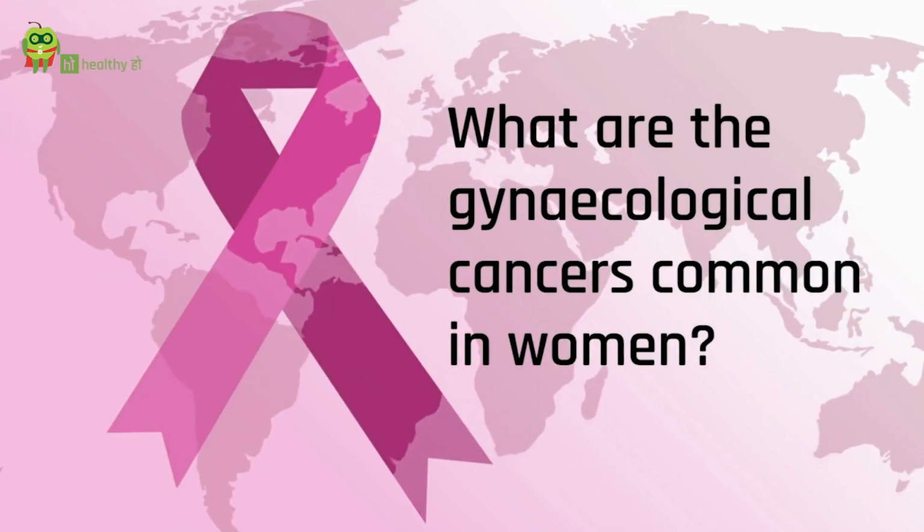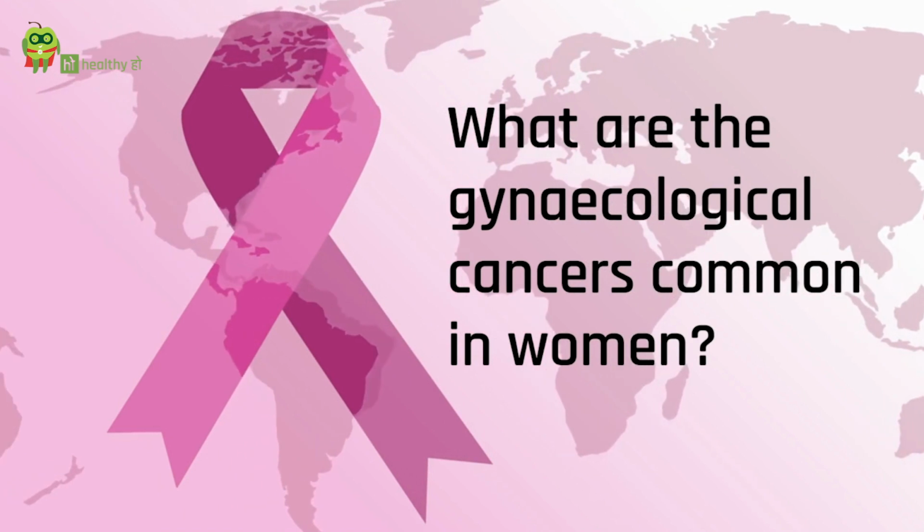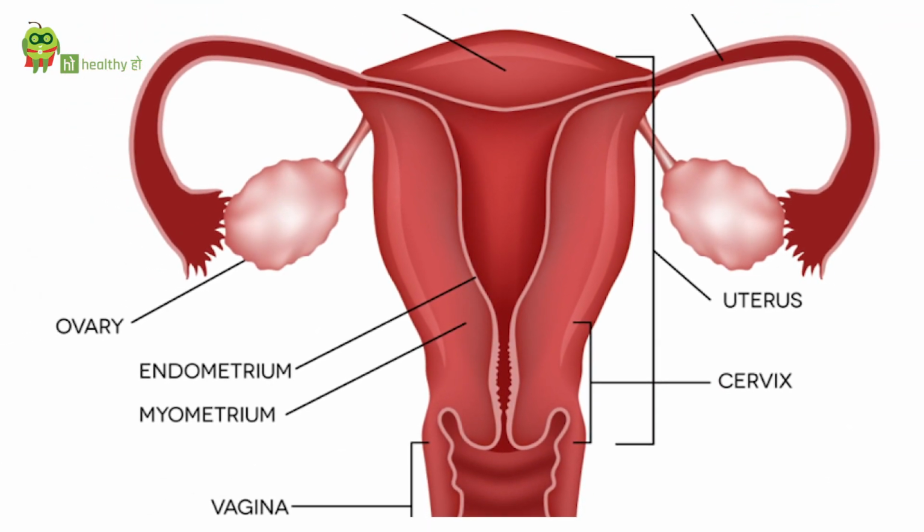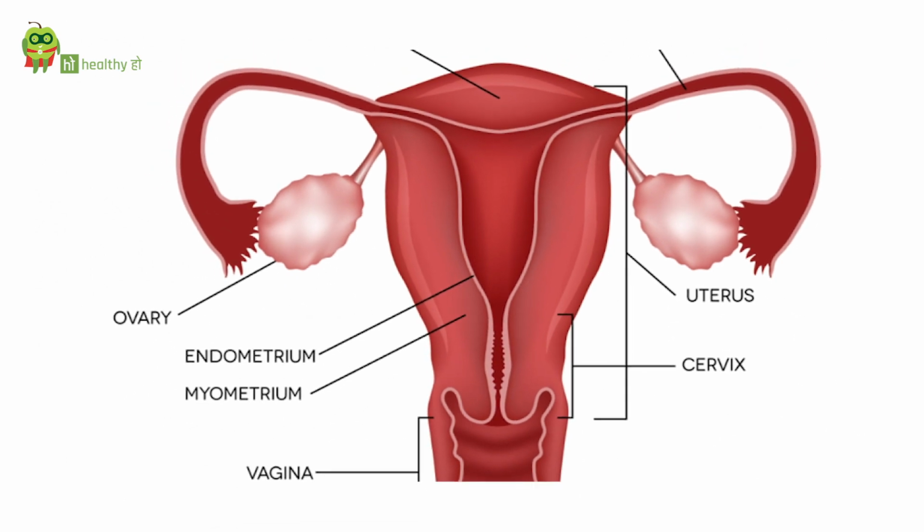What are the gynecological cancers which are common in women? So gynecological cancer means all the cancers which can appear from the gynecological tract. So mainly these are the uterus, cervix, the ovaries and endometrium and the vagina. Of course, fallopian tubes are also there.